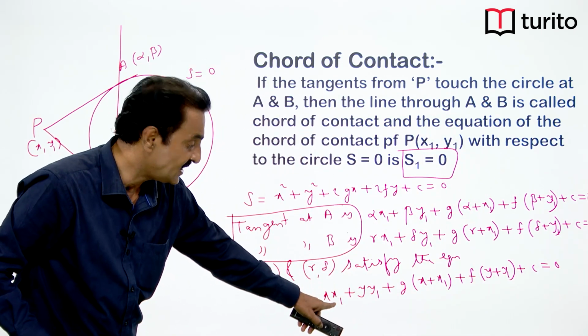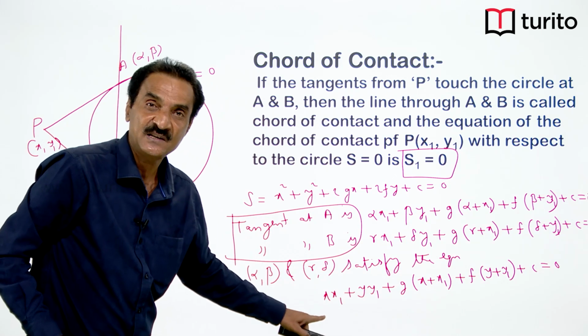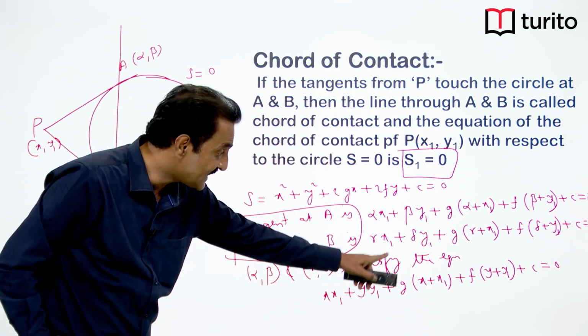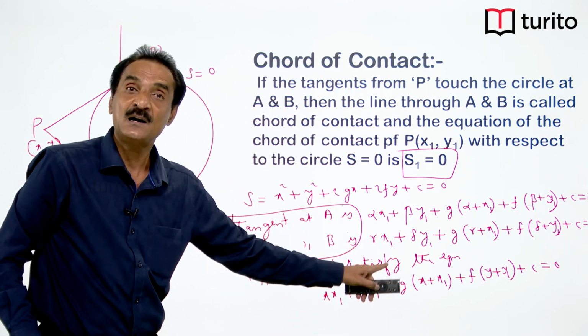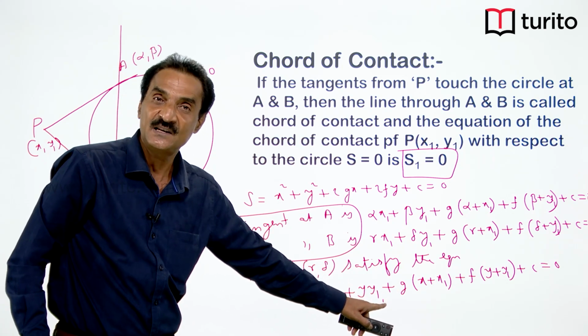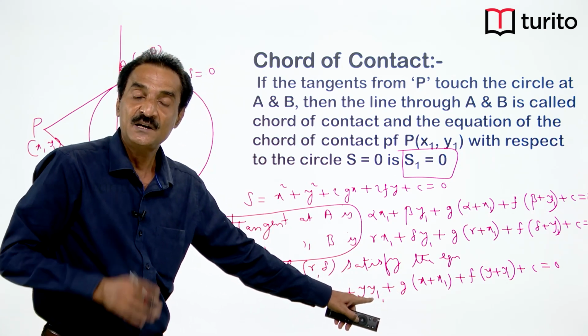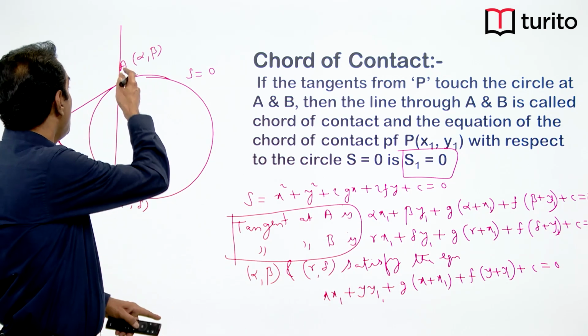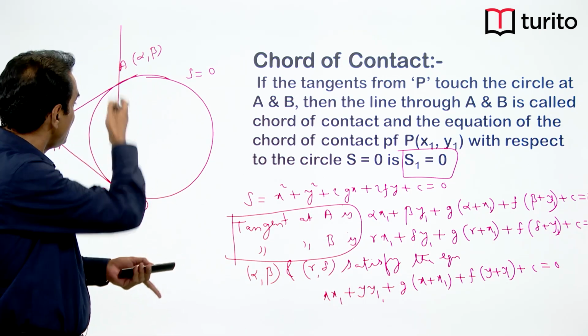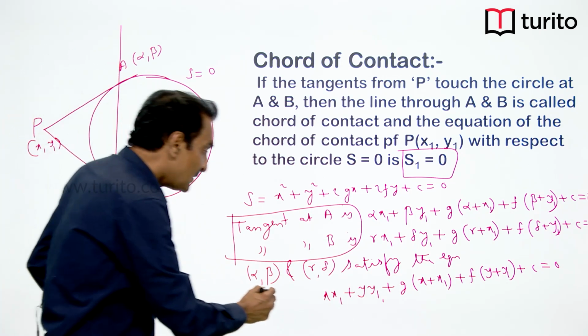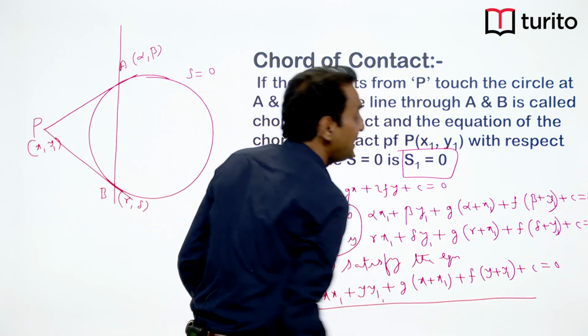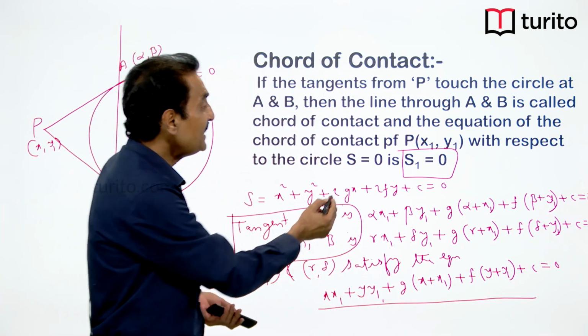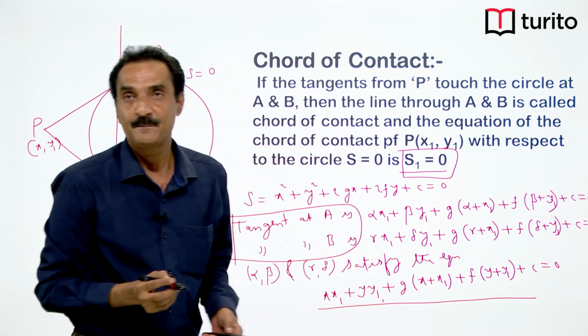From the first condition, alpha comma beta satisfies this equation. From the second condition, gamma comma delta satisfies this equation. So, the equation satisfied by points A and B is nothing but the equation of the line AB. So, this is the equation of the line AB, which is denoted by S1 is equal to 0.